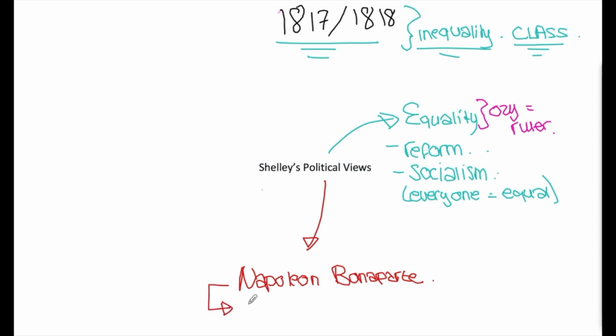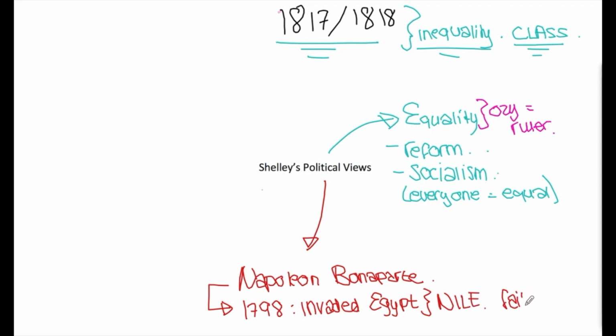But Napoleon, actually, in 1798, so just a few years before this poem was written, and a lot of people would have remembered this moment, and Shelley in particular, a keen politician, would have remembered this. But in 1798, Napoleon actually invaded Egypt and attempted to rule parts of Egypt, especially the areas surrounding the Nile, and he failed. The British actually got this part of Egypt.